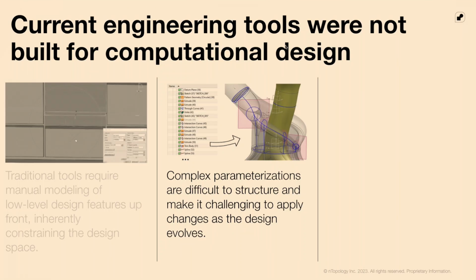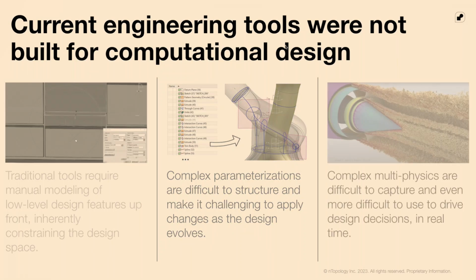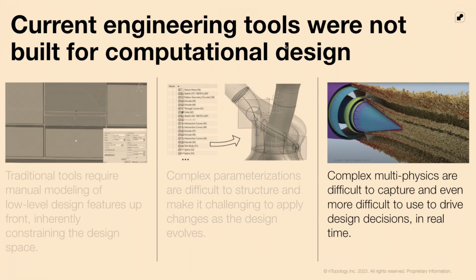Where those 2 pipes join together, that parametrization might break because of the way it needs to be defined with a traditional model. And then lastly, capturing the physics that's driving these parts and products is very difficult. Even if you can capture it, using those physics to drive the relationships between geometry is also very difficult.